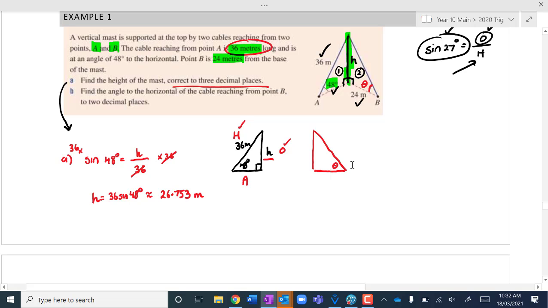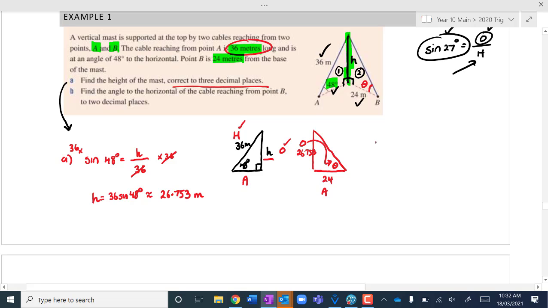There's theta. Now we need to use this 26.753 and we've got 24 over here. Over here we've got the opposite to my angle theta and I've got my adjacent. We don't care what the hypotenuse is for the time being.